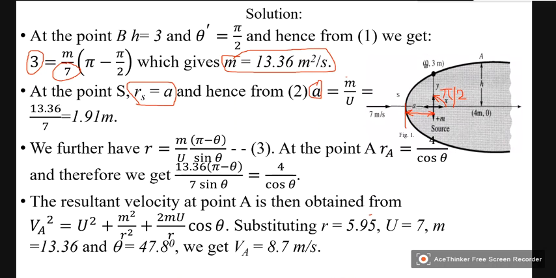Rs is equal to A is equal to m divided by u. And m is this value, and u is equal to this value. So if you substitute, you will get A is equal to 1.91 meters.